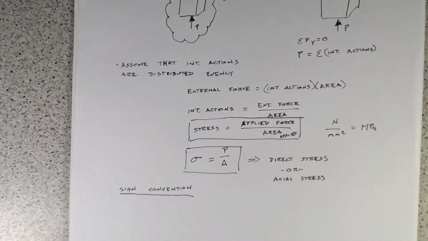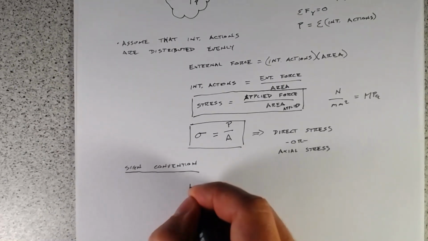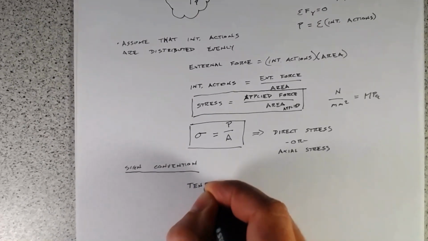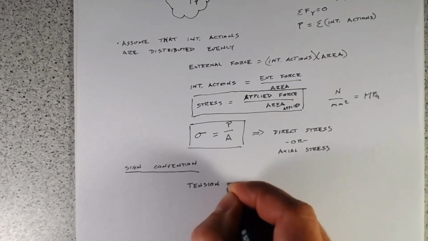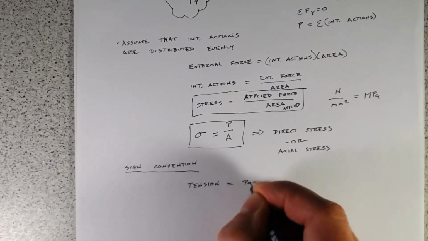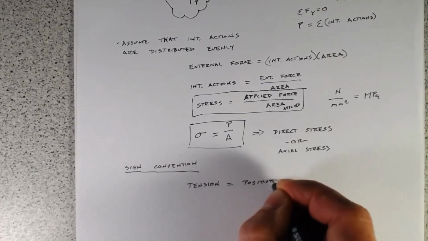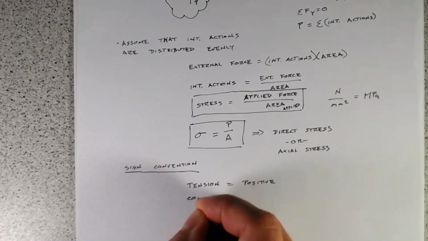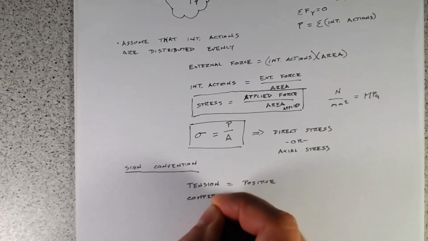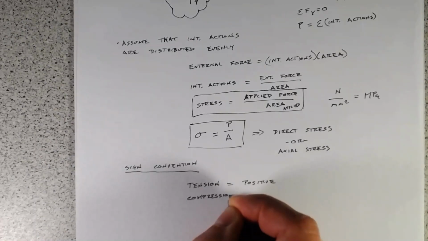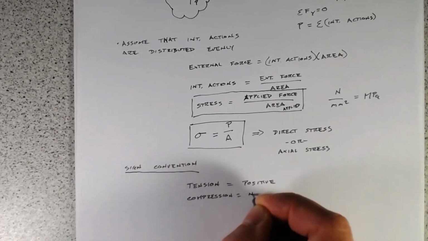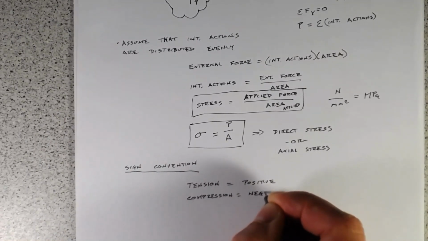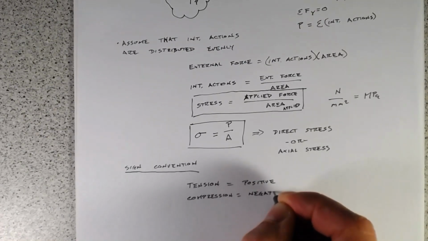So our sign convention is tension equals positive. And compression is negative.